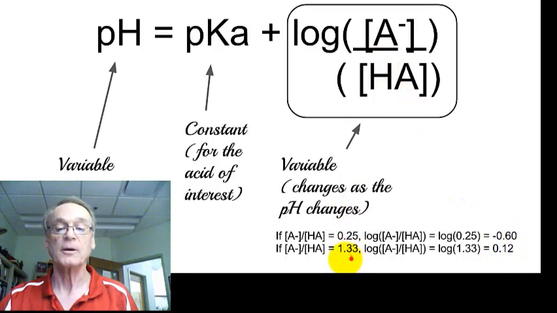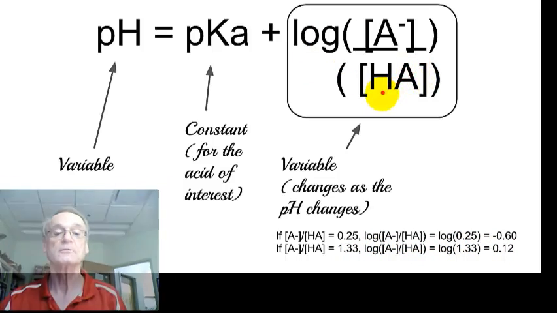If the ratio is bigger than 1, say 1.33, then the log of it will come out to be bigger than 0, in other words positive. And just to remind you about the way logs work, let's say this ratio comes out to be 10 to 1, or 10, then the log of that is 1, and the number in this box would turn out to be 1.